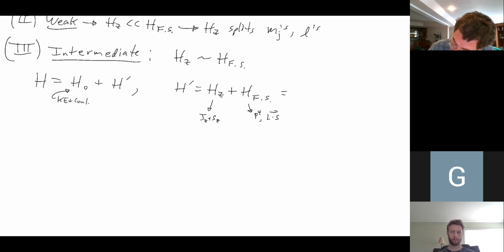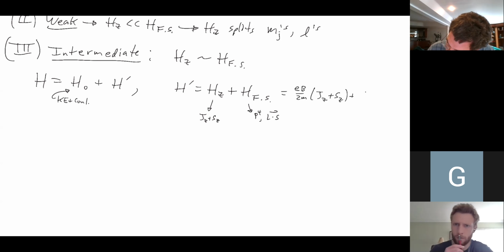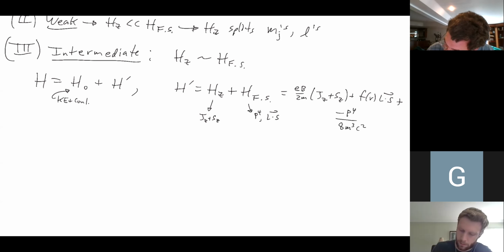We have eB over 2m times (J_z + S_z), plus f of r times L dot S, plus, and now the relativistic term is minus p to the 4 over 8 m cubed c squared. Okay, so that's what we have to deal with.